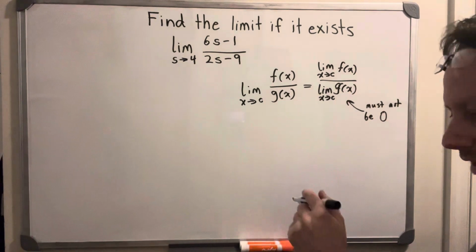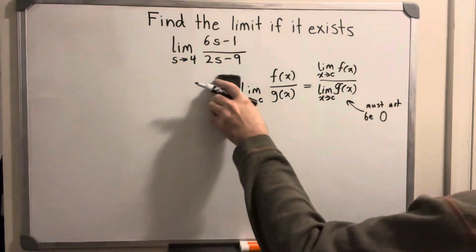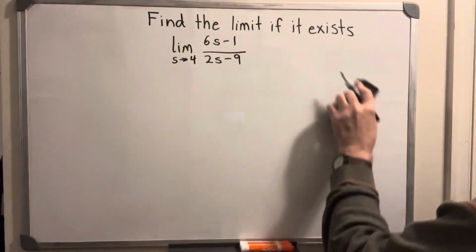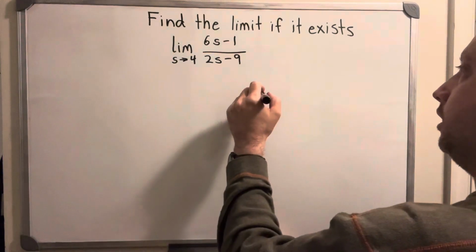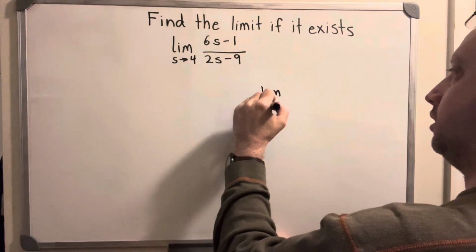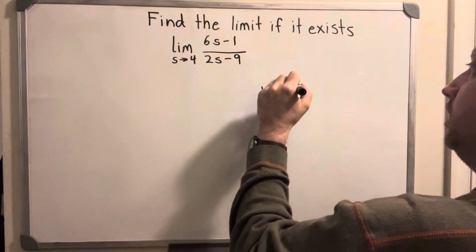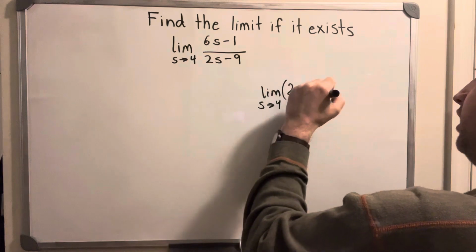Otherwise, the limit does not exist. Okay. Let g of x be 2s minus 9. What is the limit as s approaches 4 of 2s minus 9?